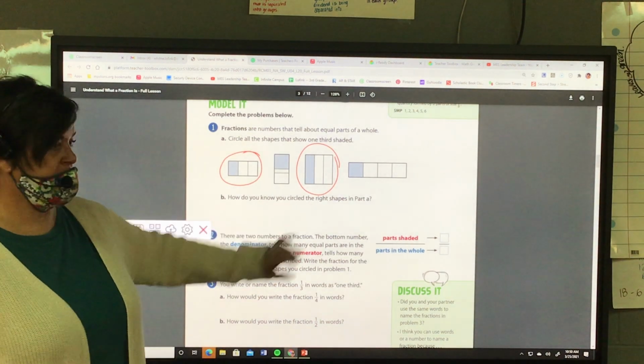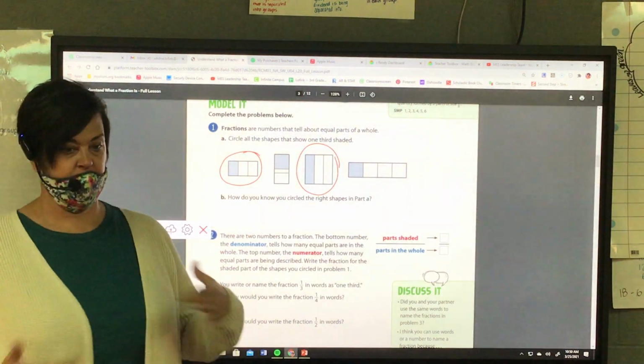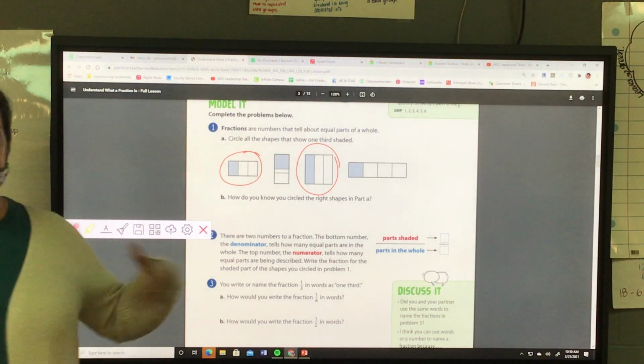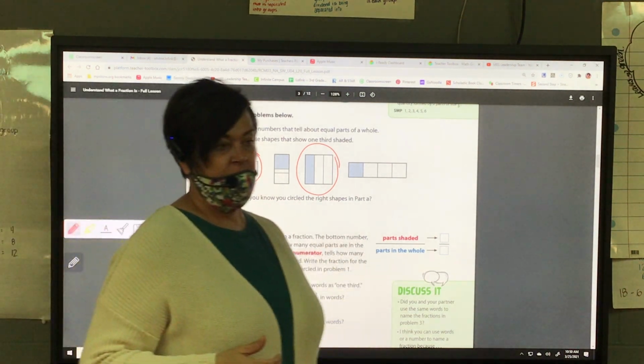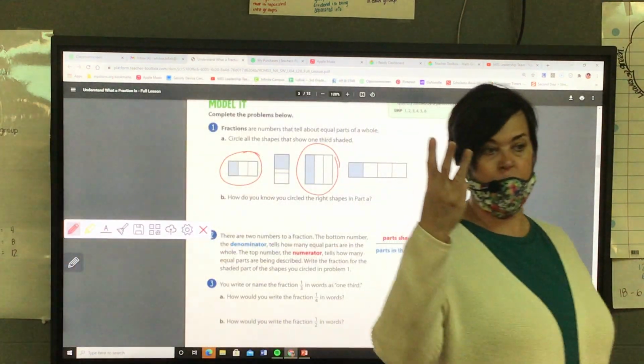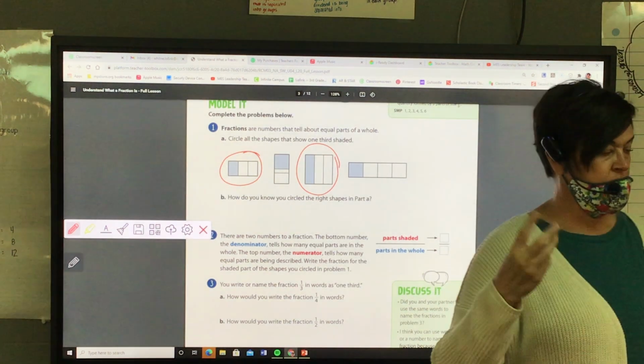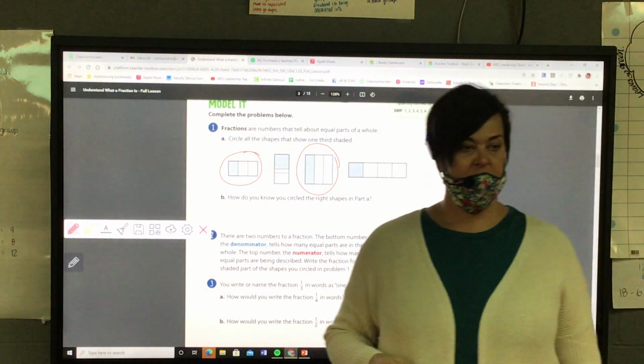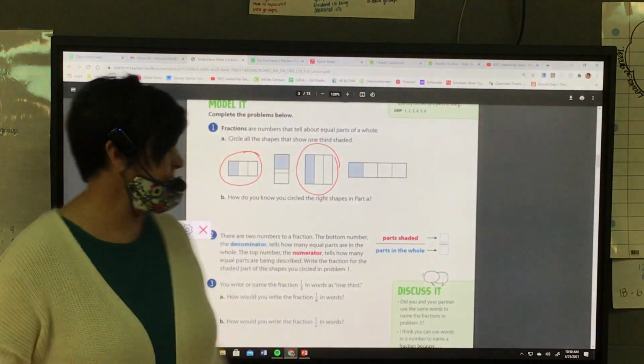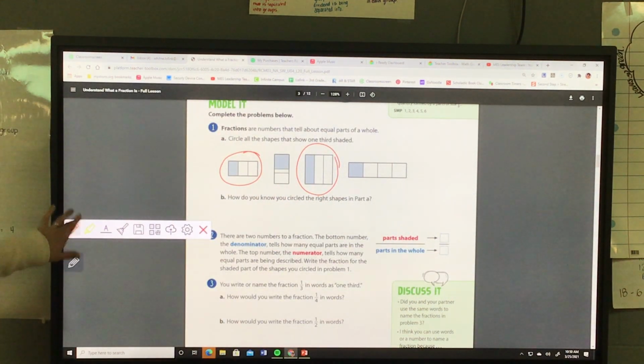We're not going to write that. We just talked about it. So how do we know that we're right? They're equal pieces. Each one has 3 equal parts with how many shaded? With 1 shaded. Okay, let's look at 2.